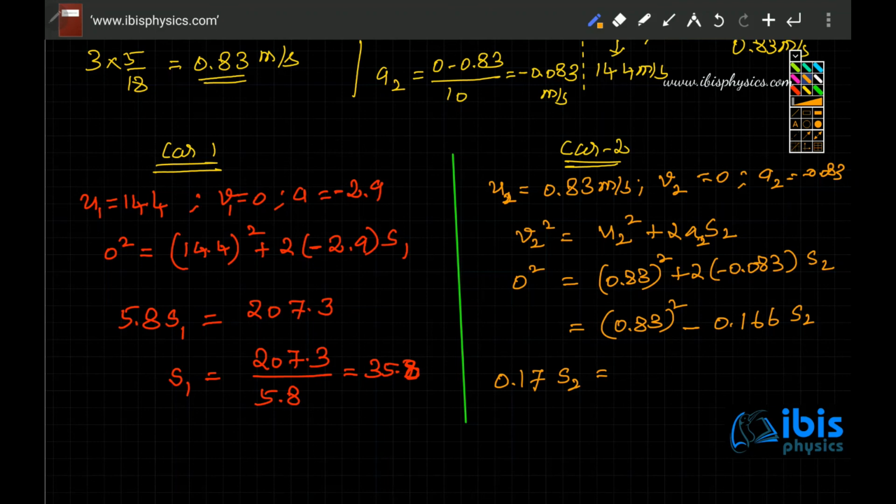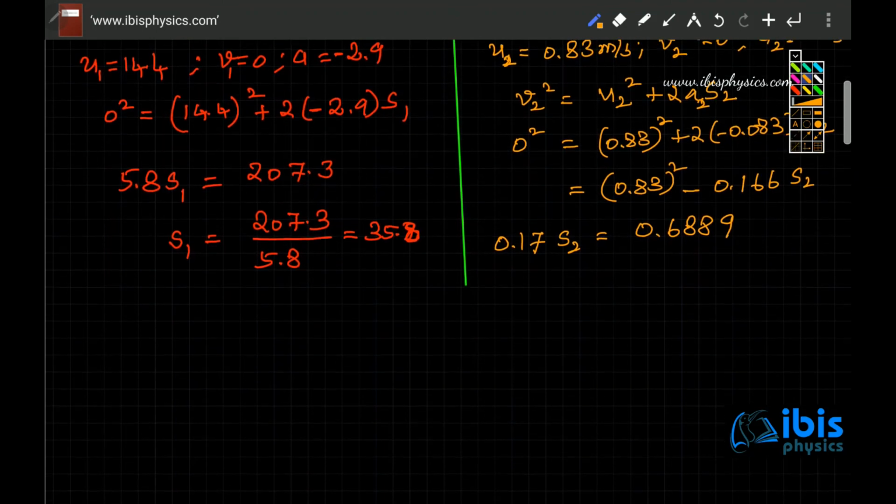Squaring 0.83 into 0.83 gives us about 0.6889. So s2 equals 0.6889 by 0.17.